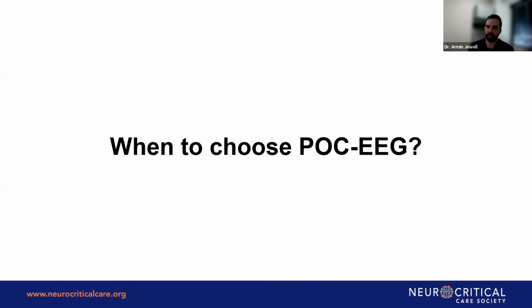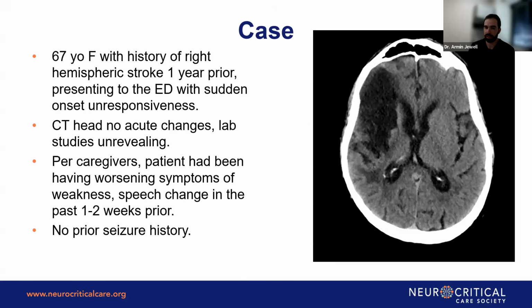So I want to bring a case to give an example of a typical time where you might consider point of care EEG. This is a 67-year-old female, right hemispheric stroke a year prior, who came to the ED with unresponsiveness. Your CT head showed no changes. Quick lab work didn't show anything obvious as a reason for the unresponsiveness.